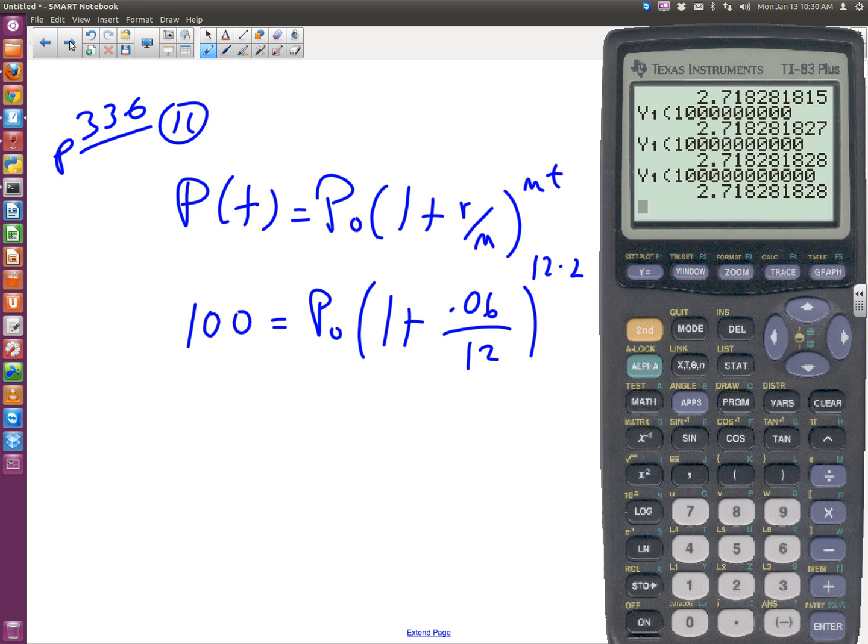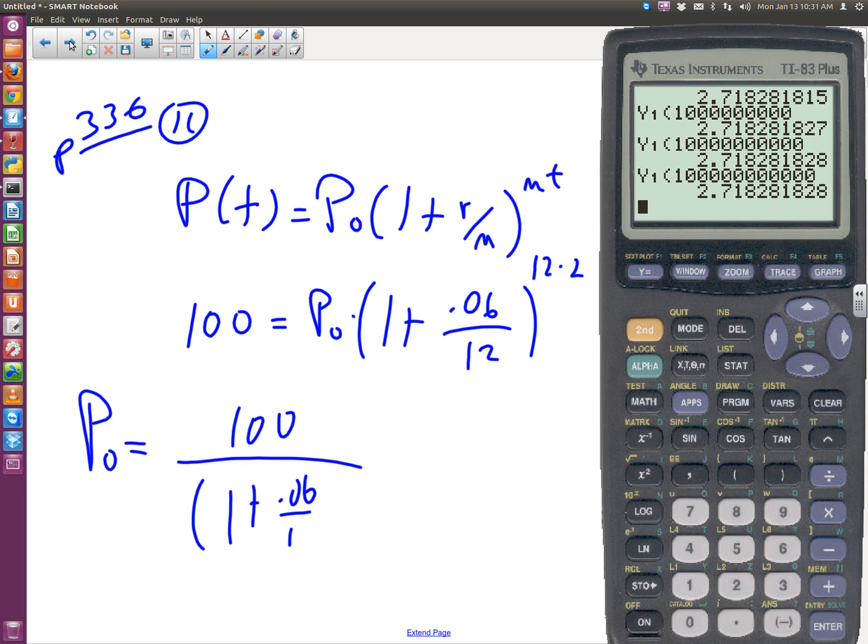So how do you solve for your present value? How much money you got to put in the bank now to end up with that much money in 2 years? How to get P0 alone, in other words? No, it's not adding. It's multiplying, so how to get rid of it? Divide. So take the 100 and divide it by all that mess. 1 plus 0.06 over 12 to the 24th, isn't it?